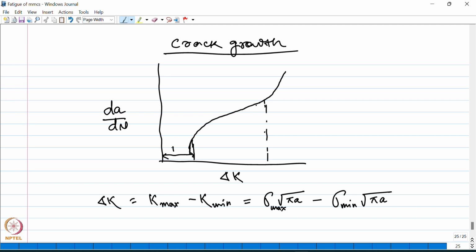This is region 1, which is characterized by a threshold value of delta K, below which there is no observable crack growth.